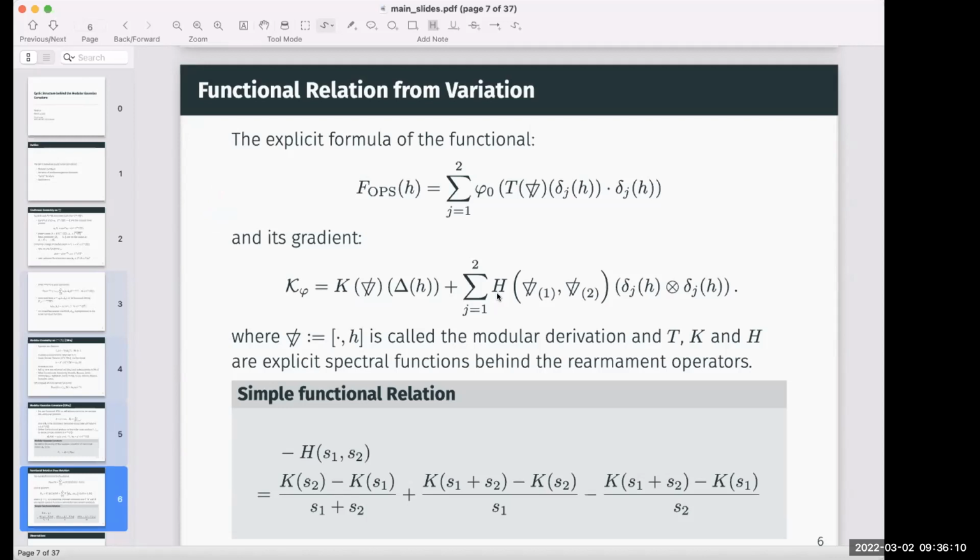Say I want to compute the derivative of e to the h.